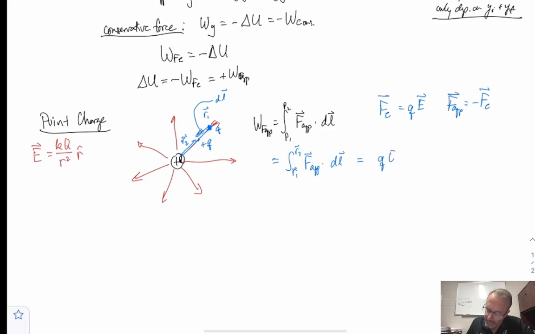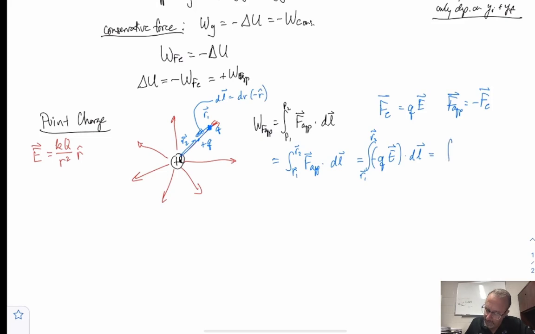Q times E, and that's negative F applied dot dl. Now the dl I can be a little more specific about too, because in this case dl is equal to minus, actually, because it's pointing inward toward the origin, so dr in the minus r hat direction.